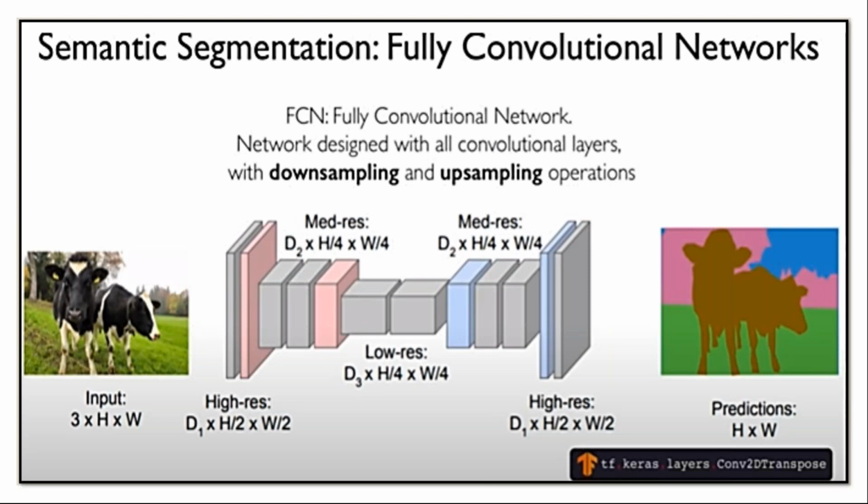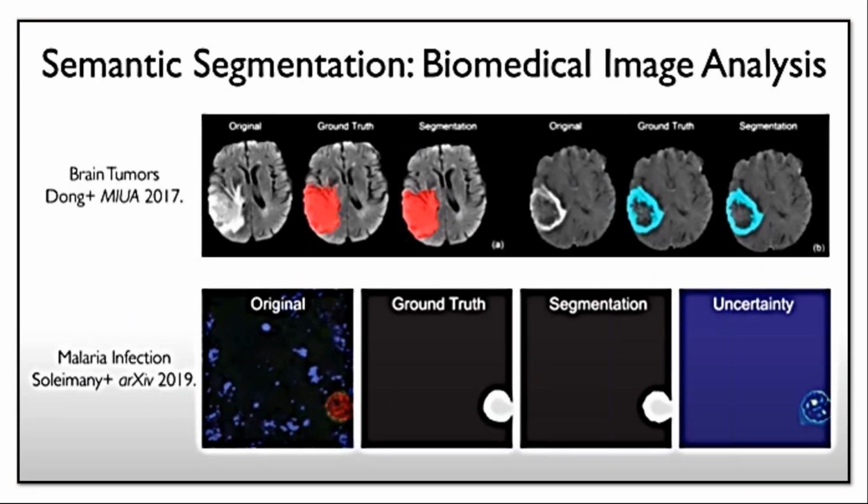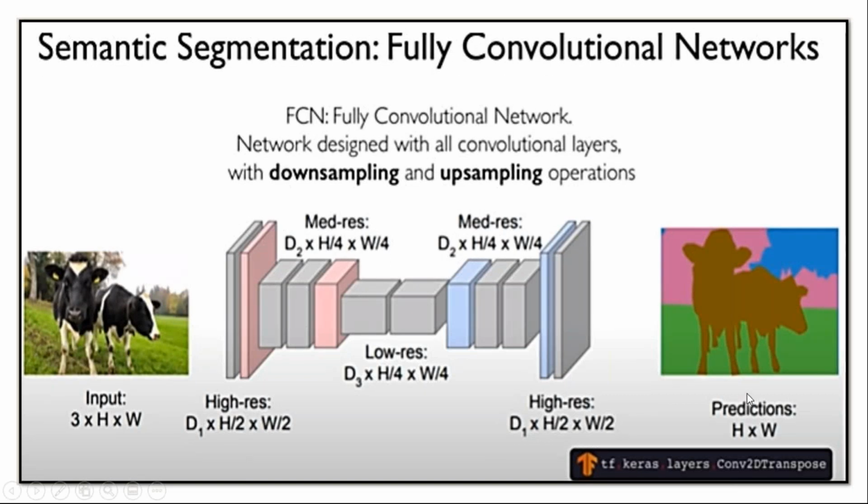Here the cows are detected and classified as a cow, and the green portions are detected and classified as a green area. This kind of application you can use in fully convolutional networks.